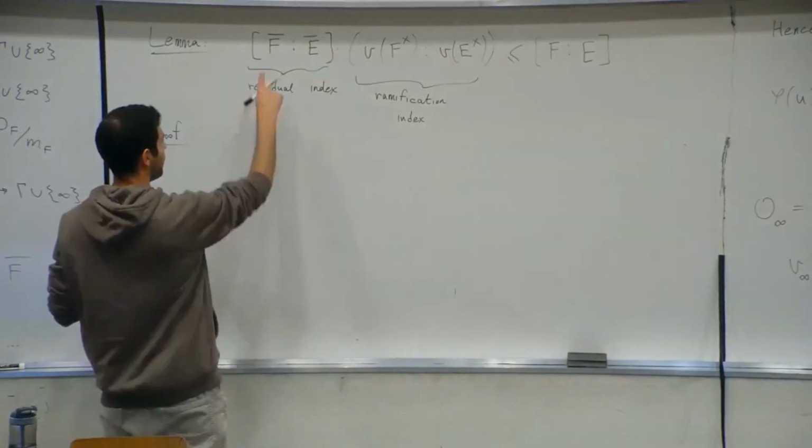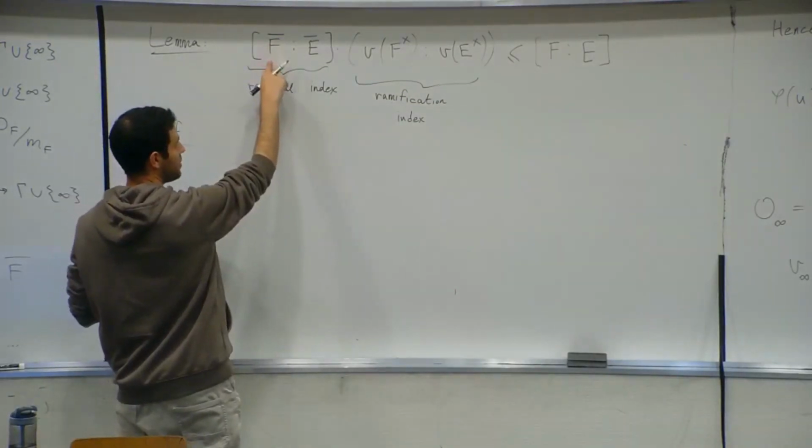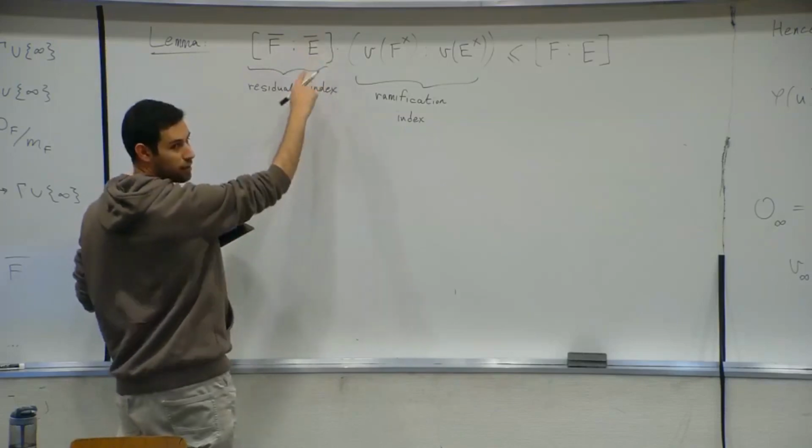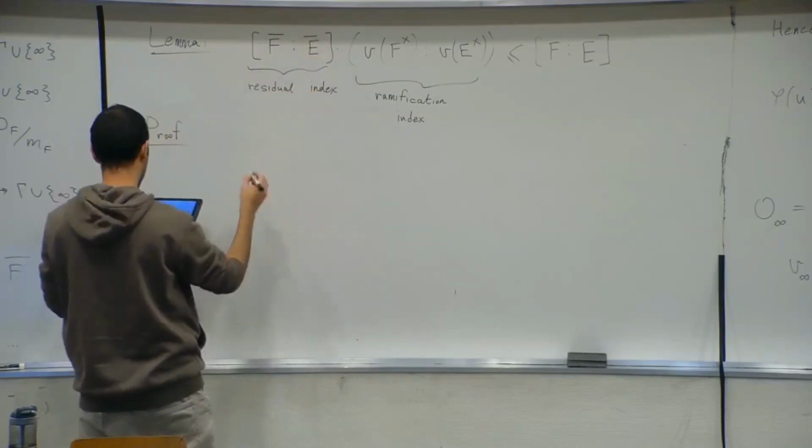Good. So we can consider F bar as a vector space over this field.